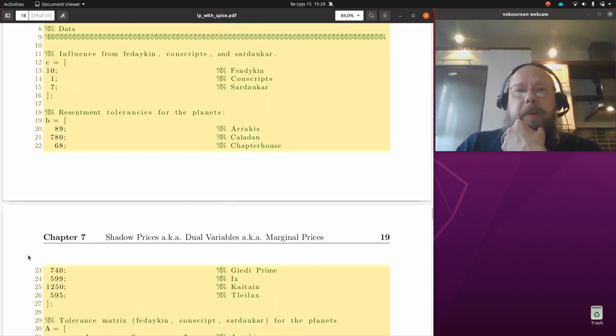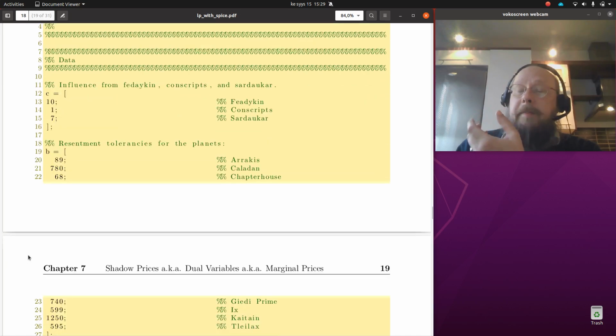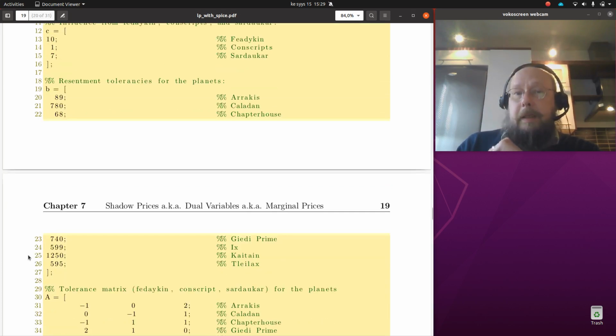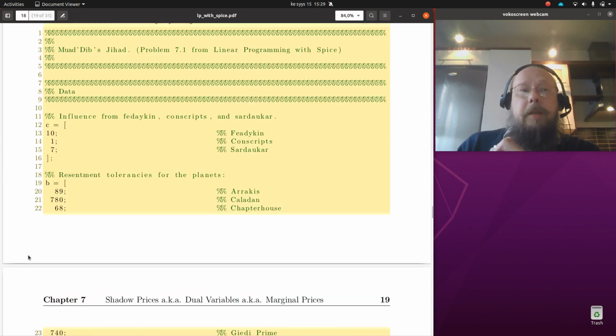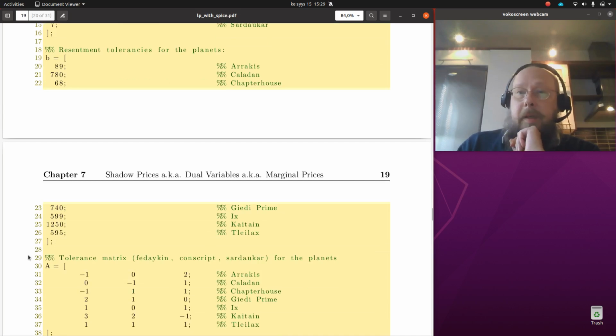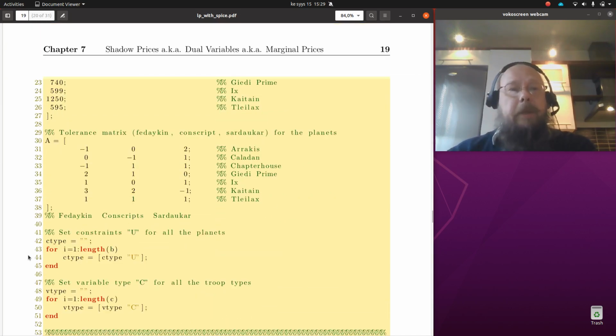For example, if I have further different kinds of troops, or I remove some troops, or if I add or remove planets, then I want this M file to work in any case. So all the changes that I need to do are in c, b, and A, and everything else would work just fine. And this is the trick that happens here.